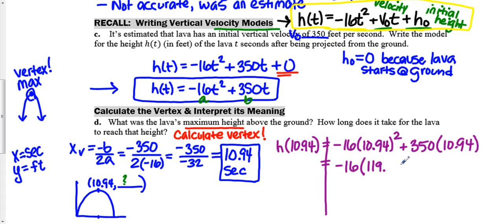I will choose to round that to 119.68. And then 350 times 10.94 is 3,829. Negative 16 times 119.68, I get negative 1,914.88.